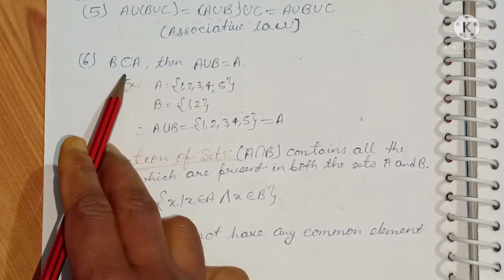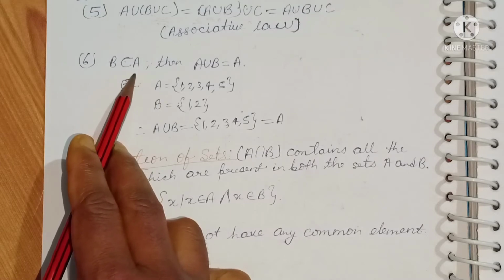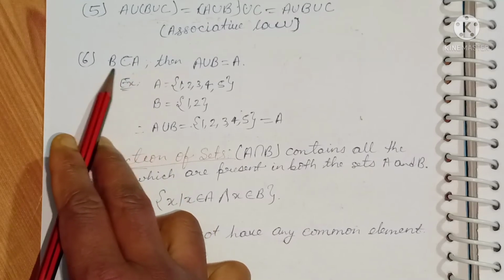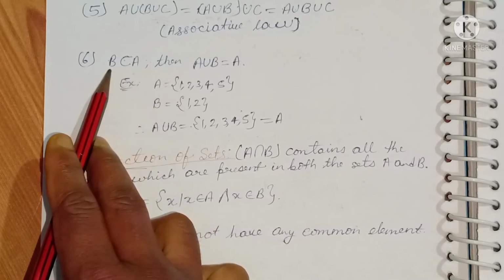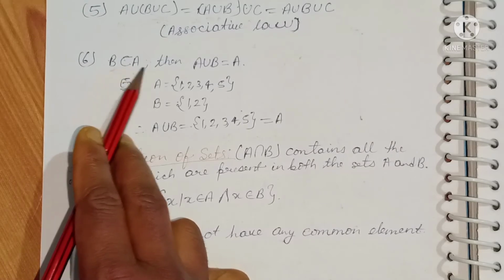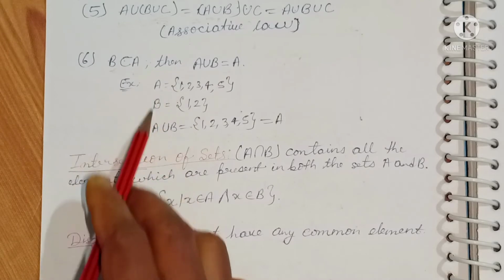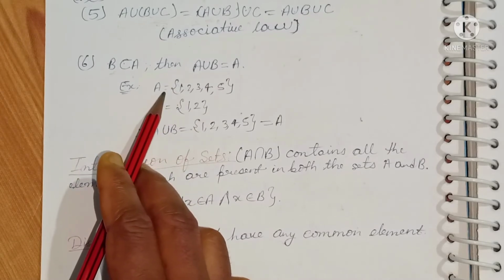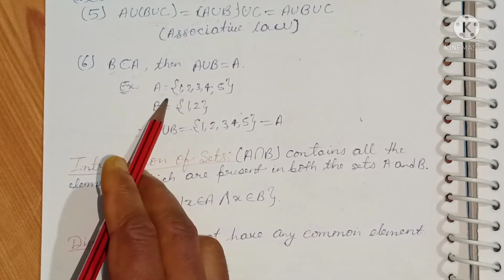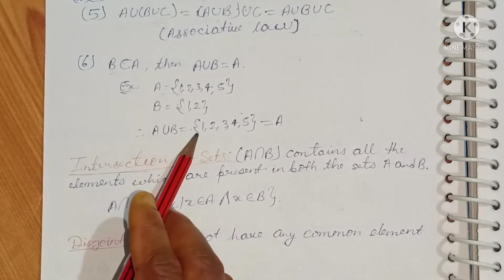Then after that, the proper subset. If B is a proper subset of A, it means all elements of B are present in A. So in that case A union B will be A. An example is shown here: 1 2 3 4 5 is set A, and set B is 1 and 2.